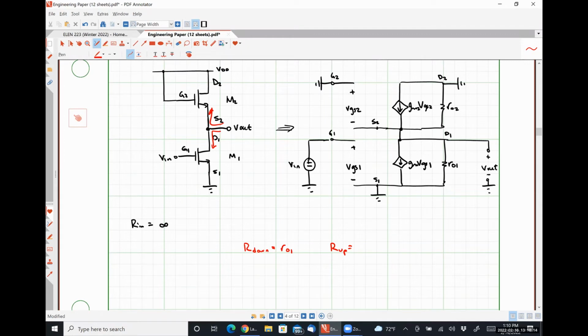Okay. What's the voltage drop over that element? VGS2, right? So let me make it super obvious for you guys.